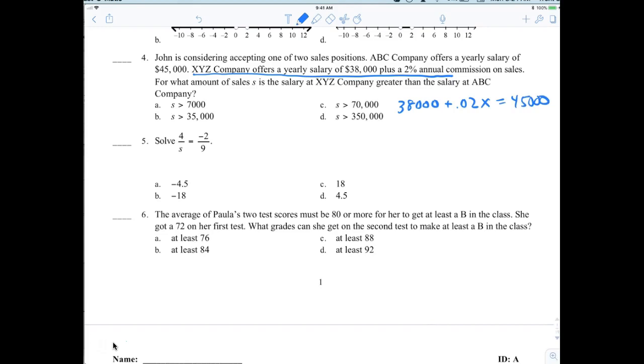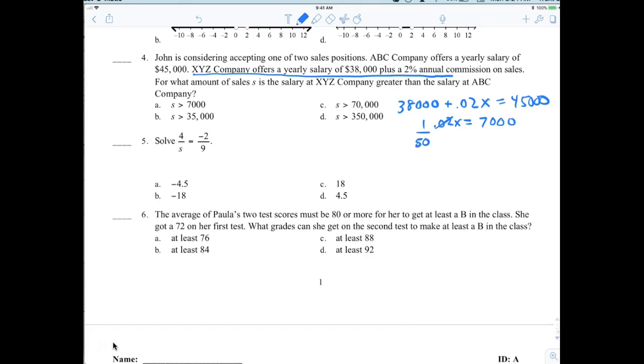Everybody good with that? Now, to me, you're just subtracting, so you end up with 0.02x is equal to what? 7,000. Now, instead of dividing by 0.02, to me it's easier to understand 0.02 is the same as 1/50th. I like multiplying instead of dividing by a decimal.